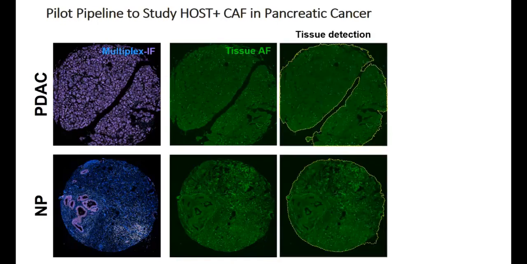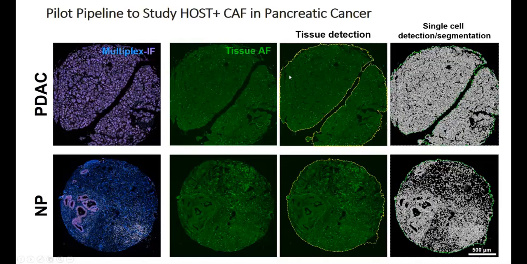It's called the tissue detection and is within the pipeline that was developed for this type of analysis. Now, since we are practically gating the analysis only to the area within the yellow perimeter, now we can detect and segment all the cells. And for example, here we are obtaining a certain amount of cells from which we are conducting the analysis.